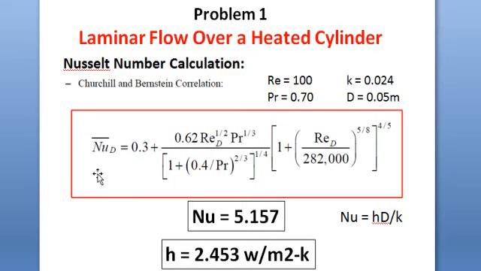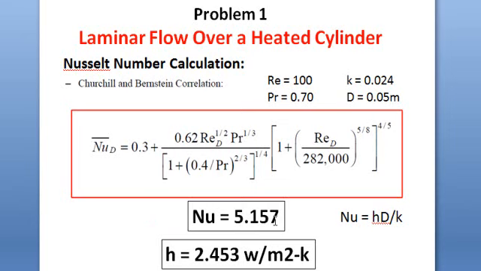In this correlation, the variables are the Reynolds number and the Prandtl number. In our case, the Reynolds number is 100 and Prandtl number is 0.7 based on the average film temperature. So if you put these two values here, you will get the Nusselt number 5.15.